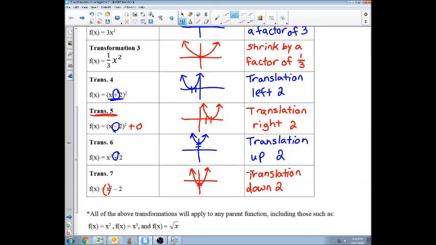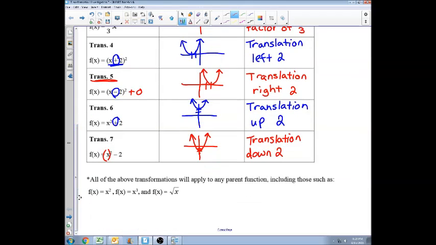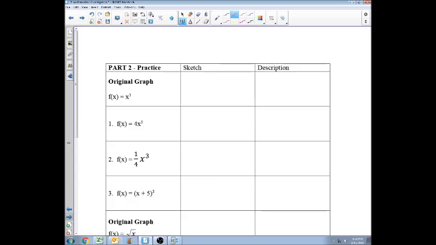Now, what it says down here, all of the above transformations will apply to any parent function, including those such as quadratics, which are x squared, cubics are x to the third, and these are square roots. So it'll work exactly the same way for all of those. Let's go on to the next page and see what's going to happen with x to the third.